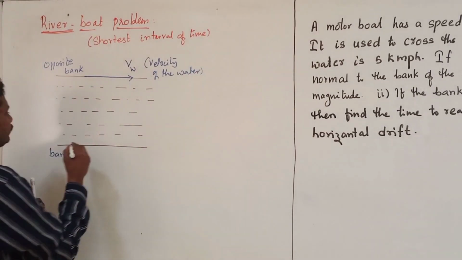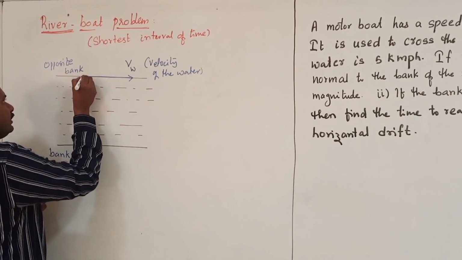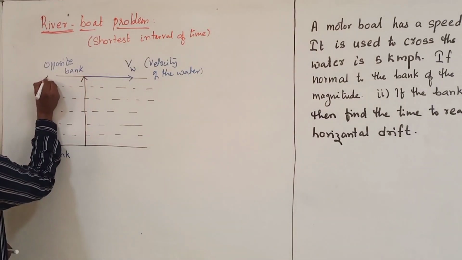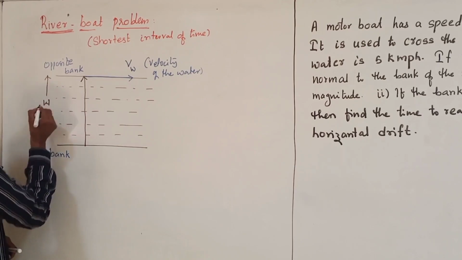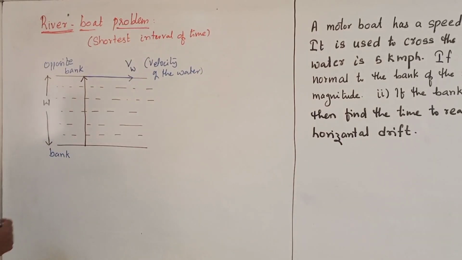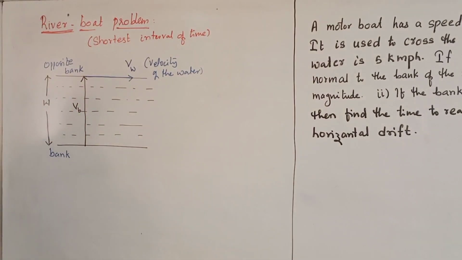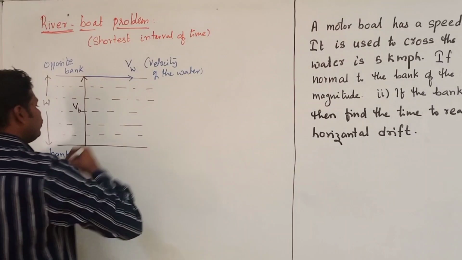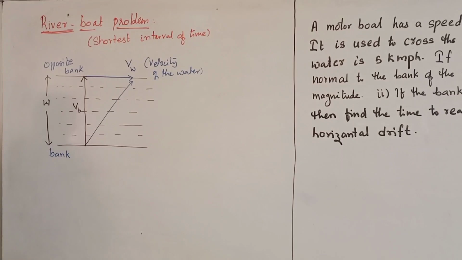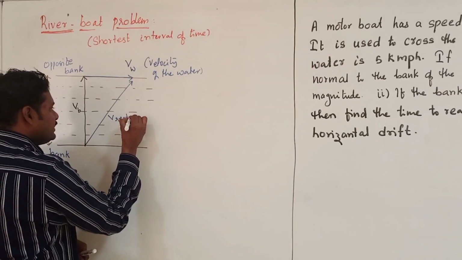Suppose the velocity of the boat is going normal to the bank of the river in this direction. Suppose the distance between bank and bank is W. Now this is the velocity of the boat, which is given starting normal to the bank. Then you can find this, which is called the resultant velocity of the boat with respect to water. This is called the resultant velocity.